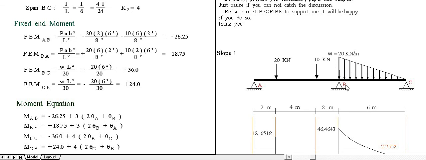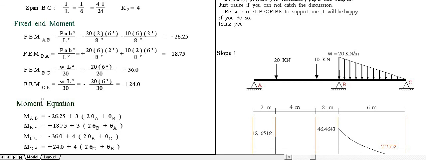In this triangular load, the base is here, so the moment is bigger at B than at C. So at BC the denominator is 20, the bigger fixed end moment. So substitute W is 20, times L square 6 square over 20, and this is minus 36.